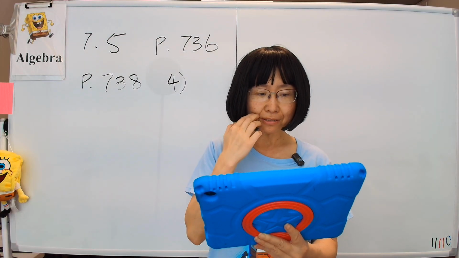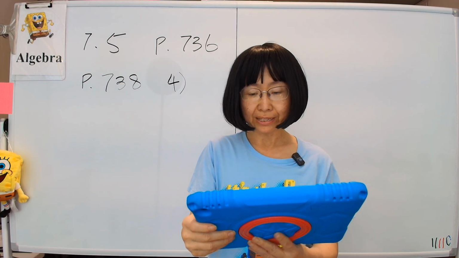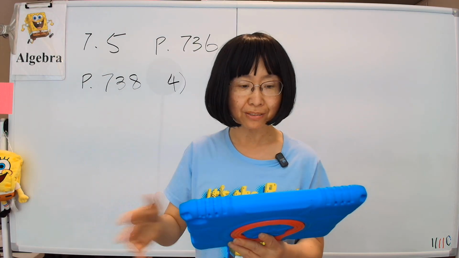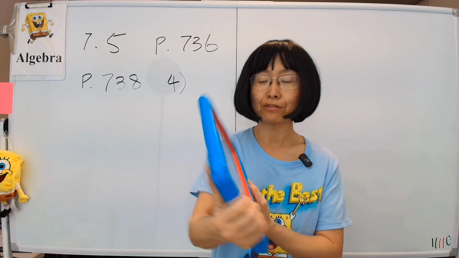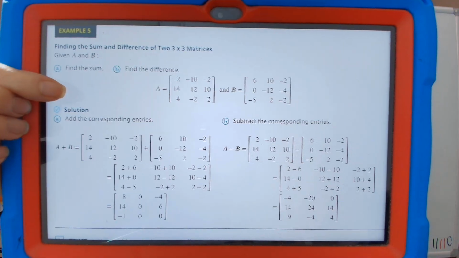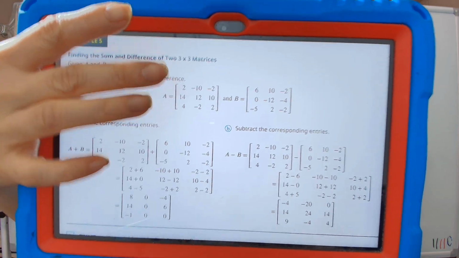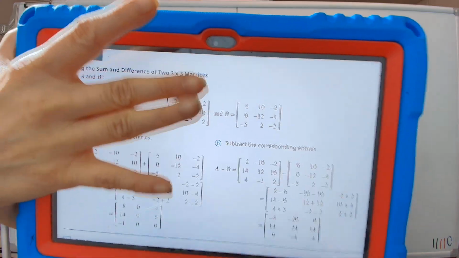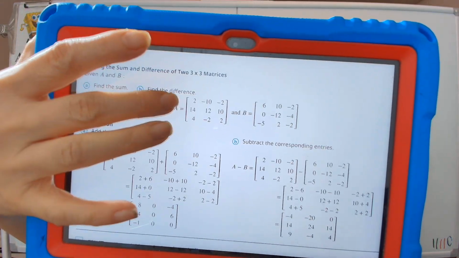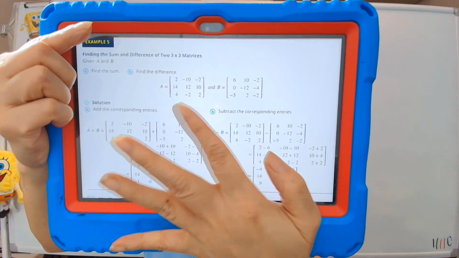Then let's look at example 5, where we have 3 by 3 matrices. We're given two 3 by 3 matrices, and you're supposed to find the sum and then the difference. You just take each corresponding term and add or subtract it with its counterpart in the same location.